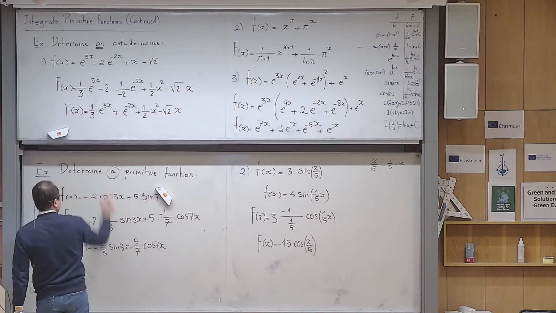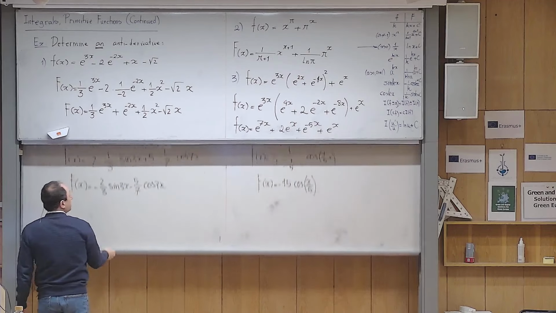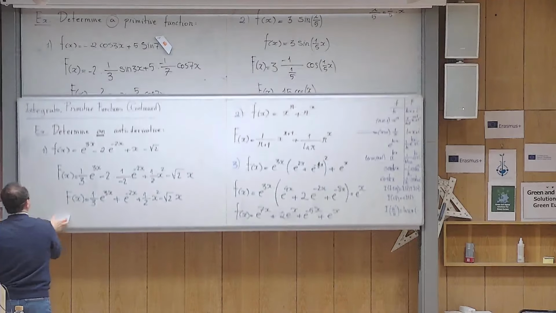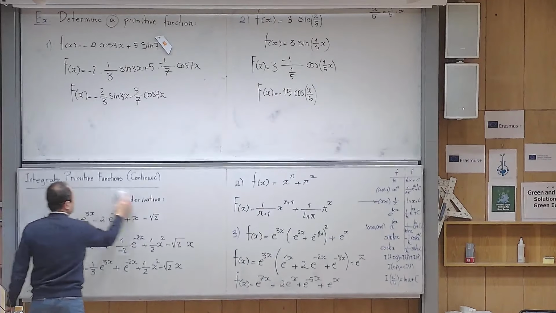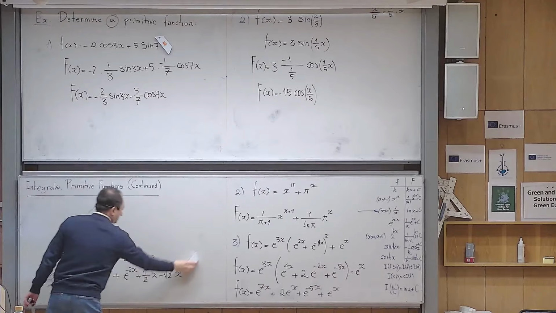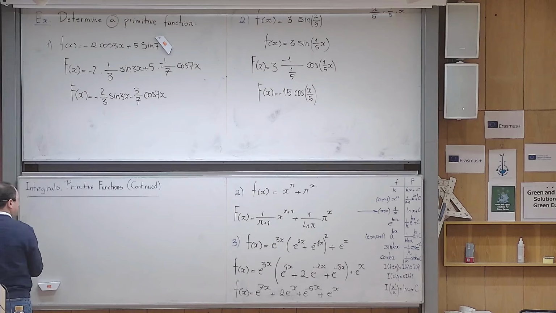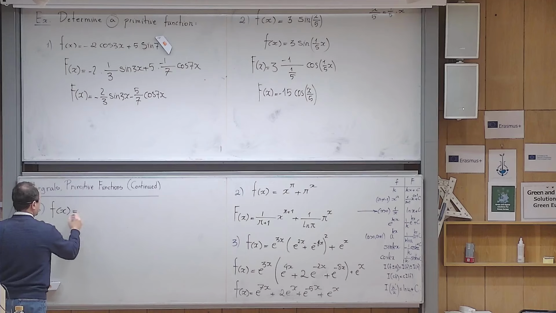Let me go to this board. Okay, so this one, let us increase the level of difficulty little by little. So f of x, I will wait for you, okay?